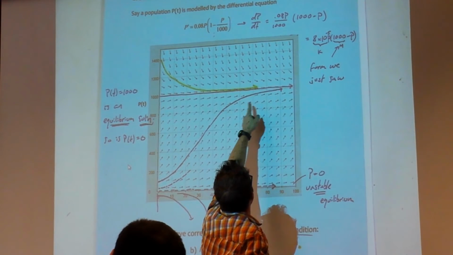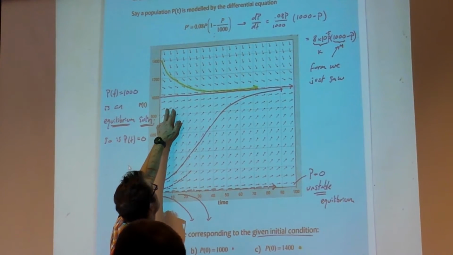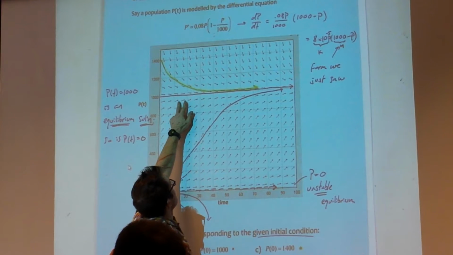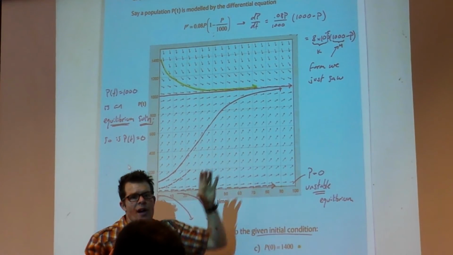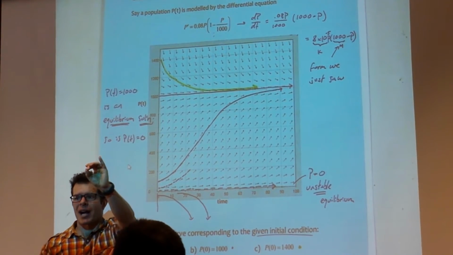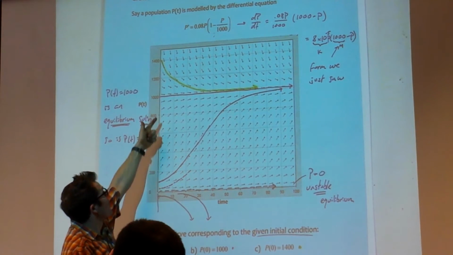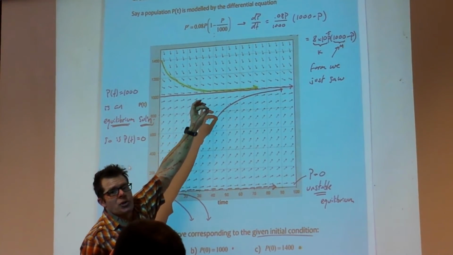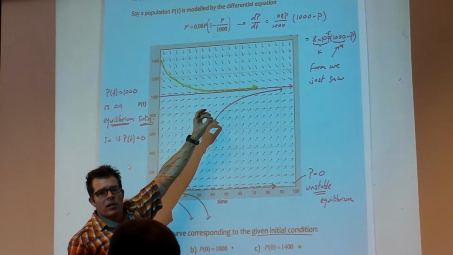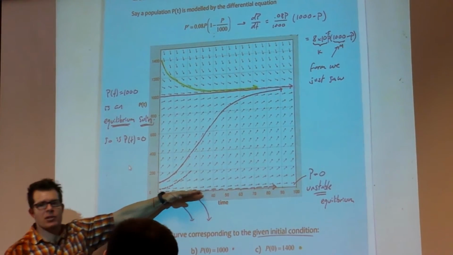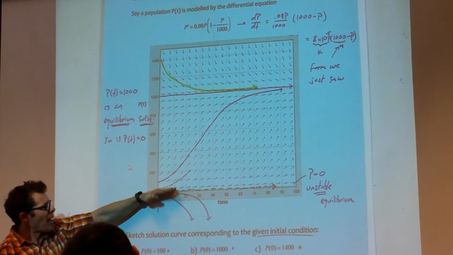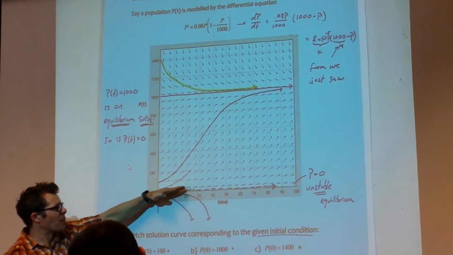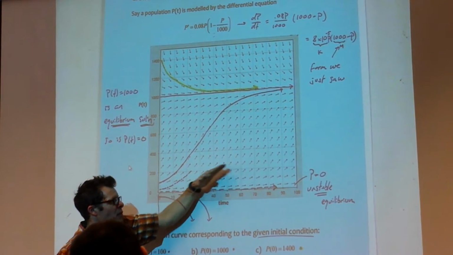Whereas on the other hand, if I start near 1,000, what happens to the population? It goes towards 1,000, so it attracts it in. It's like the Death Star with the tractor beam on it, just pulls those solutions toward it. Whereas this one repels. Values near 0, it repels the solution curve away from that equilibrium.